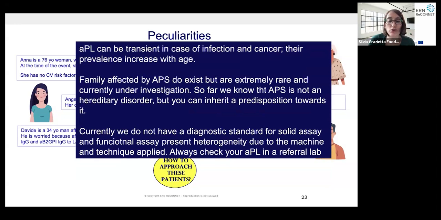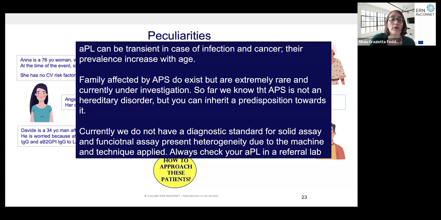aPL testing needs to be run only in a referral lab. If you are running your test in a new lab, you need to be aware that maybe your aPL profile could change completely because they are using other methodologies and other cutoffs. But most of all, only few laboratories know how to run this testing, because as I showed you before, they are very tricky.